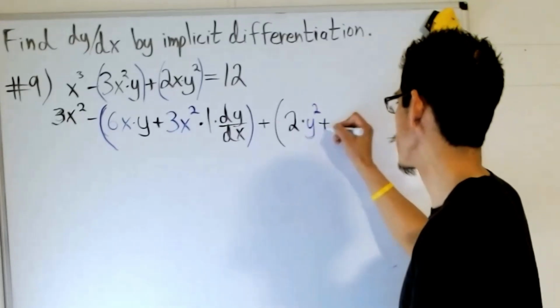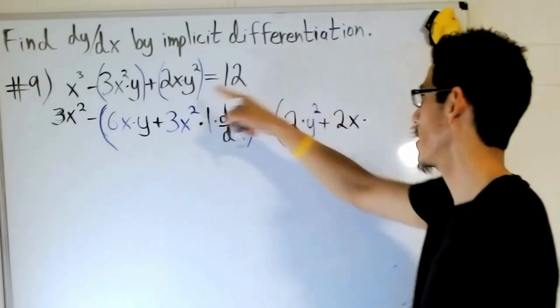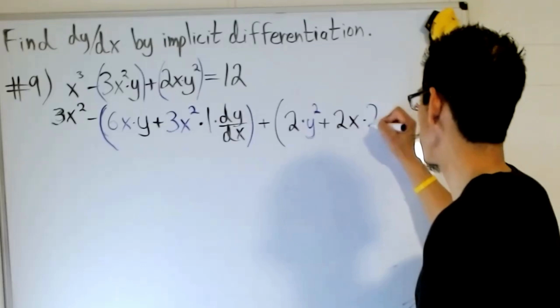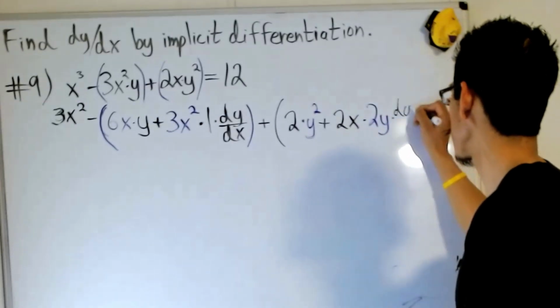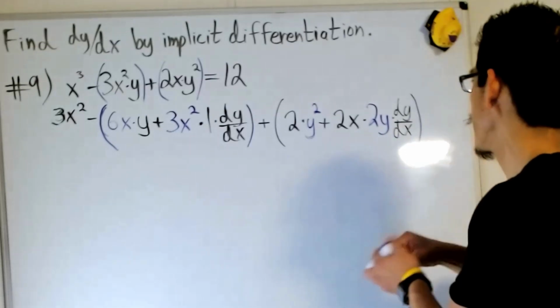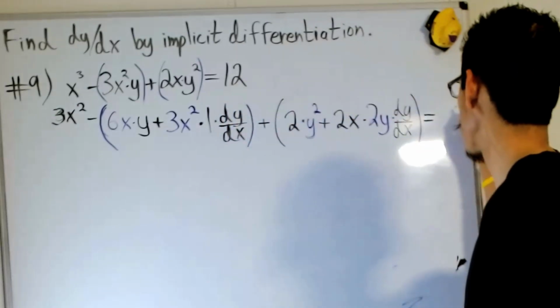Then we add to that, this time holding 2x as constant, the derivative of y squared, which will be 2y. And again, we multiply by dy/dx. And then we set that equal to the derivative of 12, which is a constant, so just equal to 0.